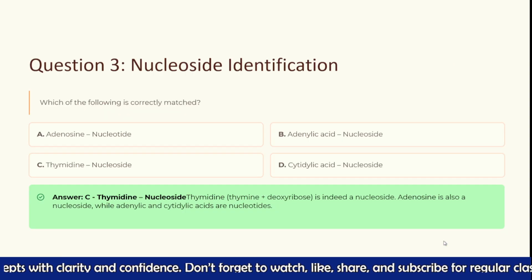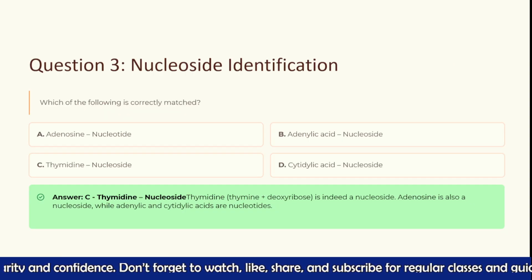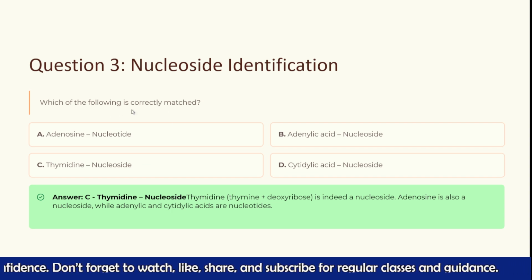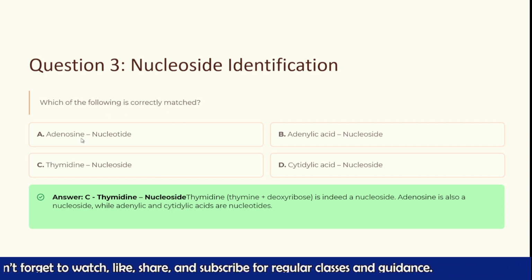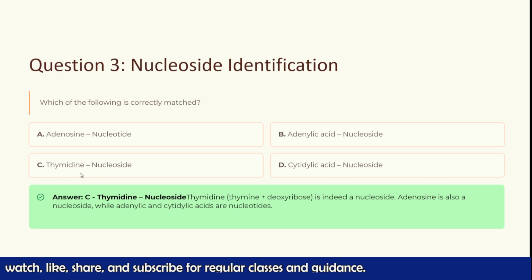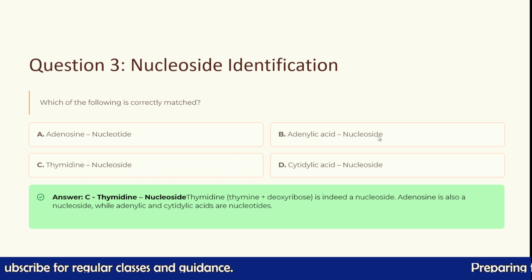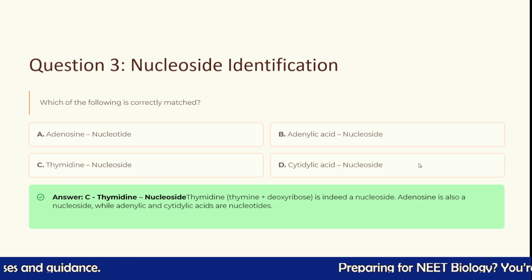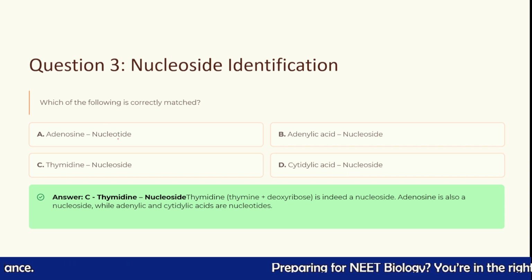Another question: which of the following is correctly matched? Adenosine, nucleotide; thymidine, nucleoside. Adenylic acid, nucleoside; cytidylic acid, nucleoside. Adenosine is not a nucleotide, it is a nucleoside.